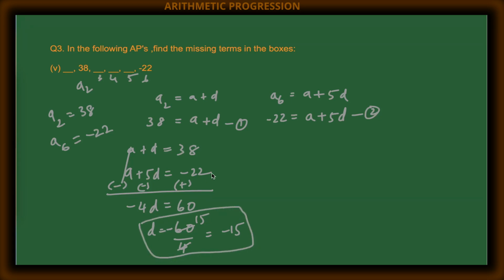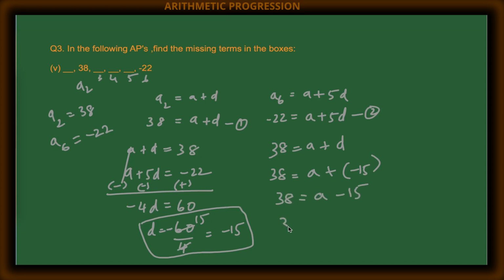We got D. So once we got D, we can find A. So let's put it in one of these. 38 is equal to A plus D. 38 is equal to A plus minus of 15. 38 is equal to A minus 15.